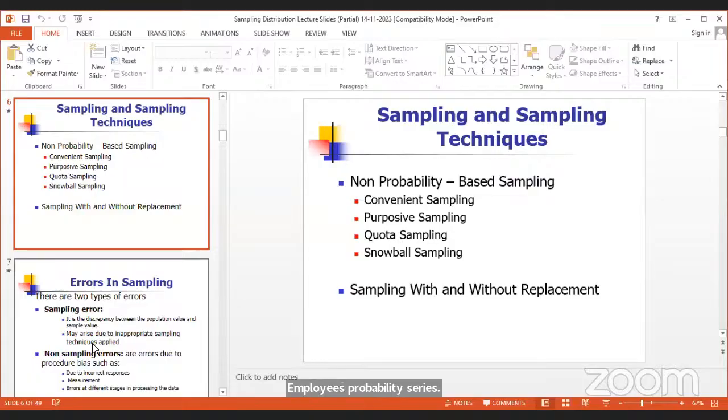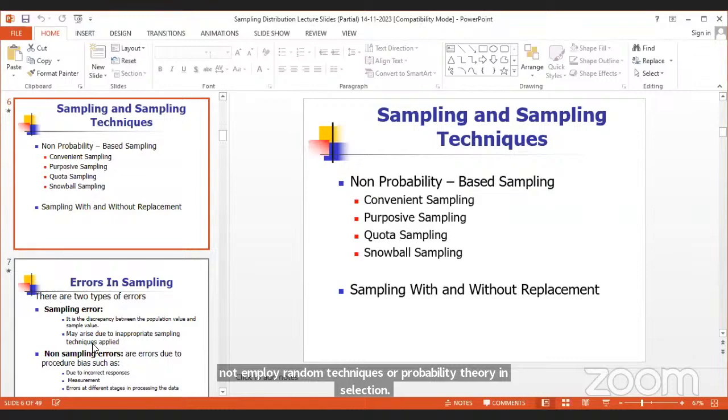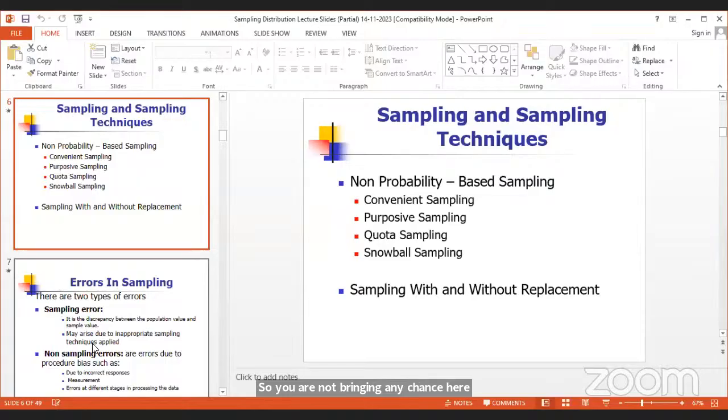And then the other one does not employ chance mechanism, does not employ random techniques or probability theory in selection. That is non-probability sampling. So you're not bringing anything chance here. You're not bringing anything random. You're not bringing anything probability.